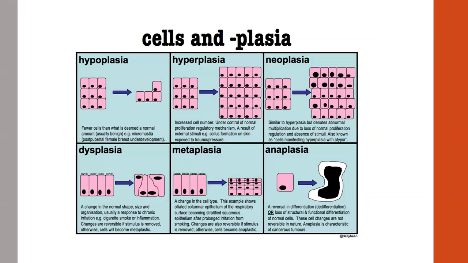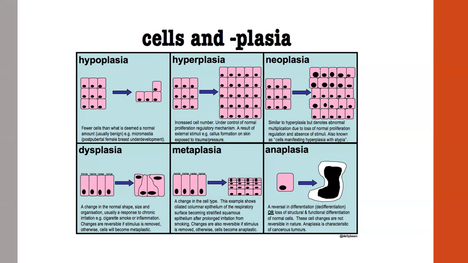Here's a diagram talking about the different types of words that we just used. Hypoplasia is where we have a fewer number of cells than is deemed normal. Hyperplasia, we have too many cells than is deemed normal. Neoplasia, we have new types of growth within existing cells.